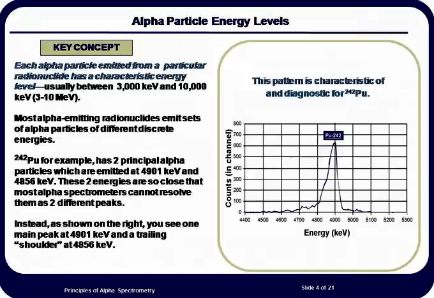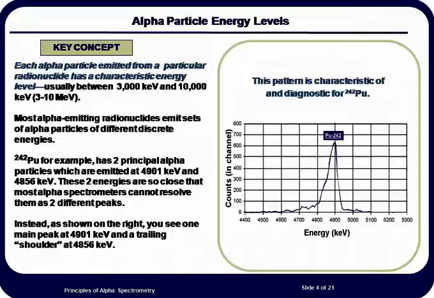The plot on this slide shows an energy spectrum for a sample containing plutonium-242. The y-axis represents the total number of decays that occur, or what we refer to as counts, at a specified energy. This radionuclide has 2 alpha particles that are emitted, one at 4901 keV and one at 4856 keV.